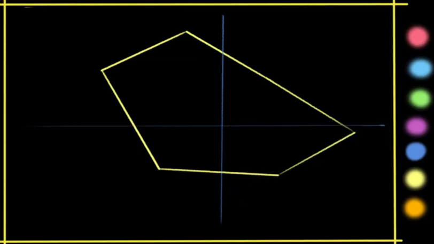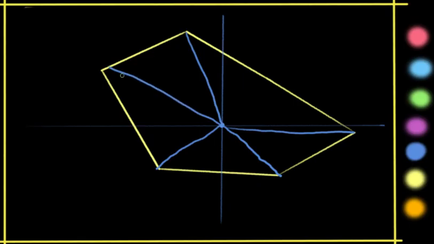Okay. Now, what I can do is I can break this polygon down into a bunch of triangles, and each triangle will have one of its points at the origin. Okay? So I think hopefully you already see where I'm going with this. I'm just going to draw these lines from the origin out to all the vertices of the polygon.